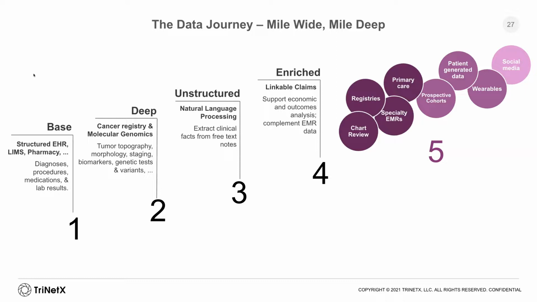And then, as our partnership with Datavant has evolved, we've been able to link in claims data as well as the mortality data, but the journey doesn't end there. We're excited about the other future possibilities of linking in registry data, chart review data, additional specialty EMRs, and the list goes on and on.